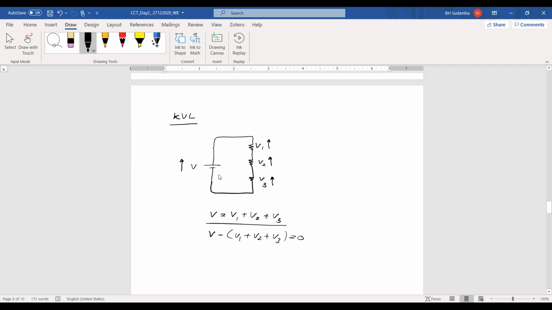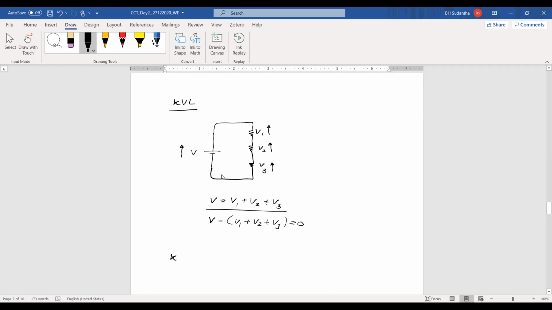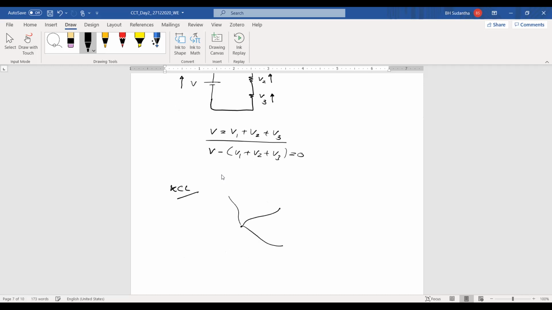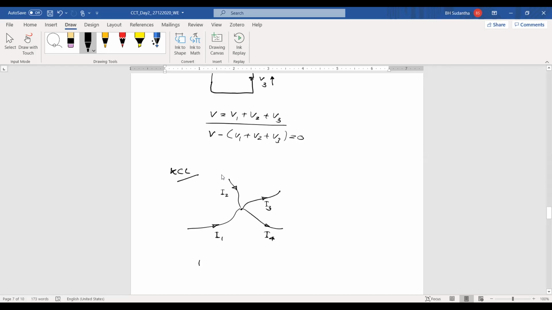The Kirchhoff current law says, if you have a node something like this and different branches like this, the total incoming currents for a particular node, I1 plus I2 equals I3 plus I4.